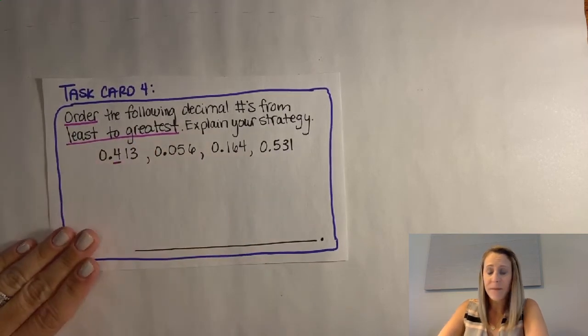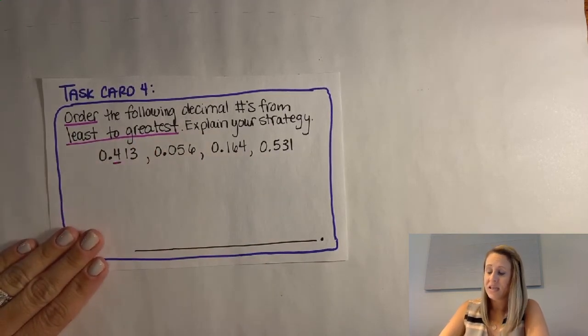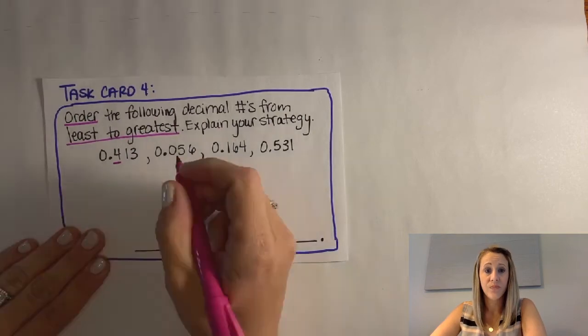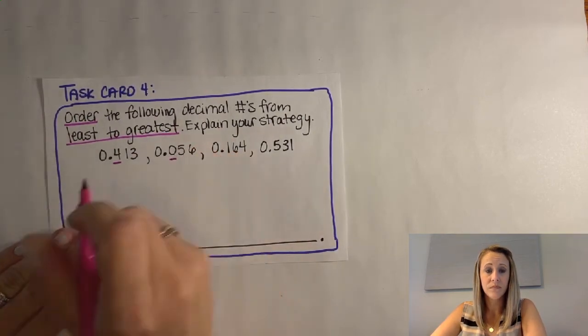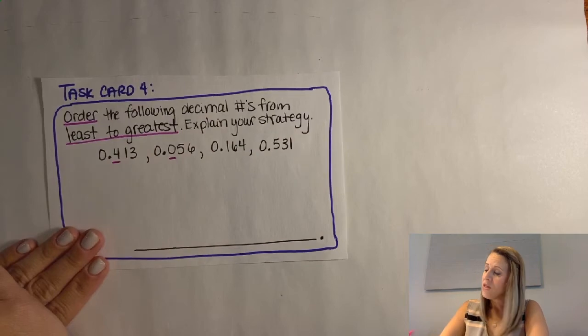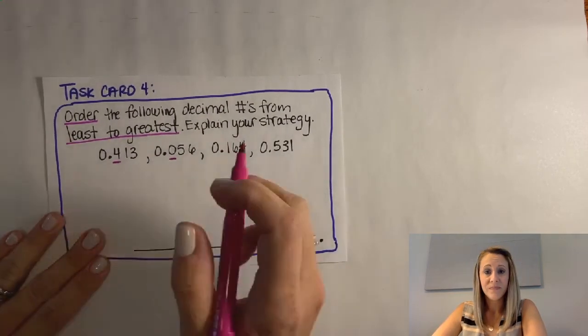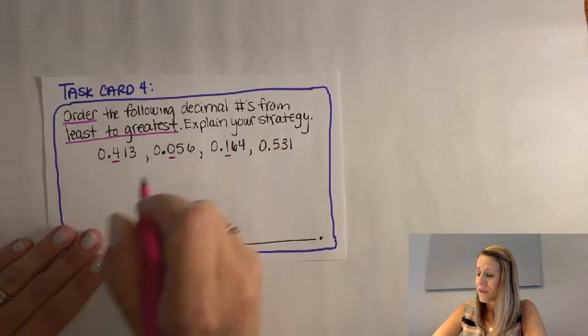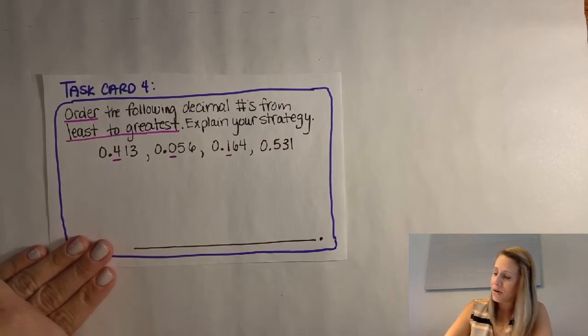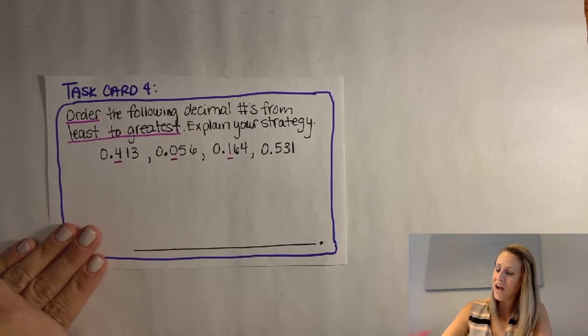The second number in the tenths is the value 0. The third number in the tenths is the value 1, so 1/10. And in the last number, my digit in the tenths is 5.